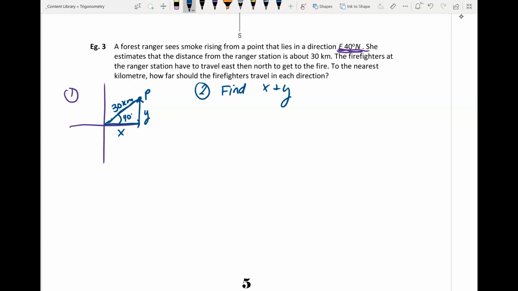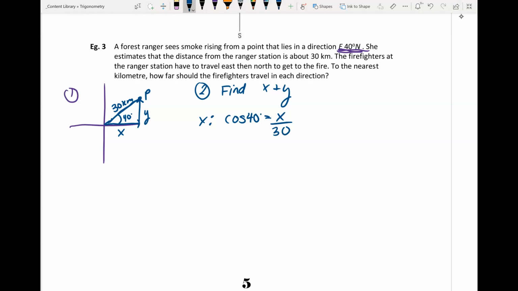Since we have the angle and we have the hypotenuse, that means we can use our trig ratios to find our X and Y. So if I'm trying to find X, if we look at our angle, we have the adjacent side and we also have the value for the hypotenuse. So I can use cosine. Cos of 40 degrees is adjacent, which is x, over hypotenuse, which is 30.